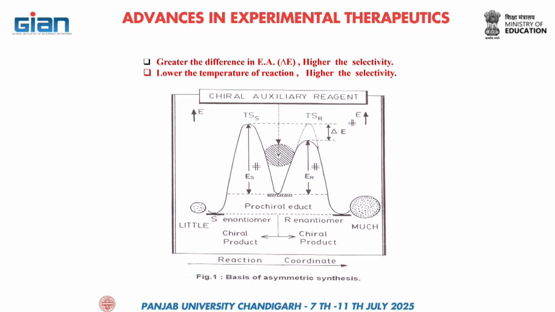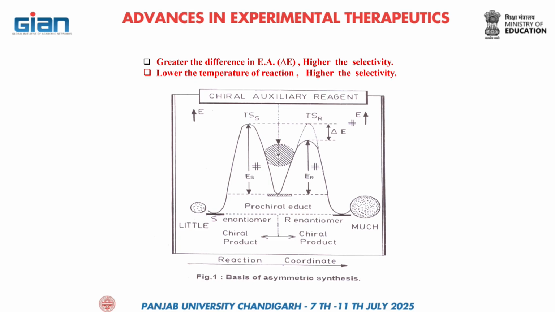Okay. So now in a very simple way, if I am saying you are getting 50-50% of both the enantiomers, that means both the enantiomers have the transition state with same energy level. Okay. You are providing that energy, both transition states have been reached, then your product starts forming.